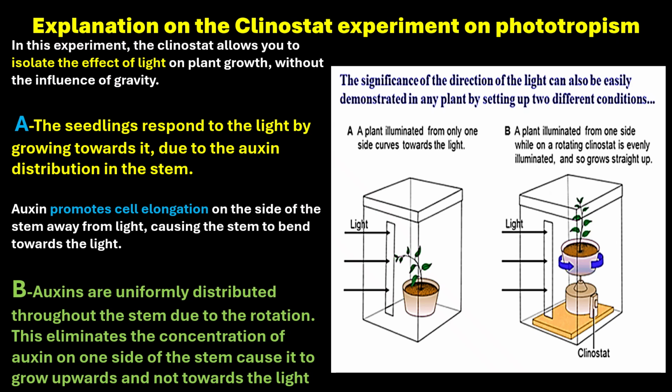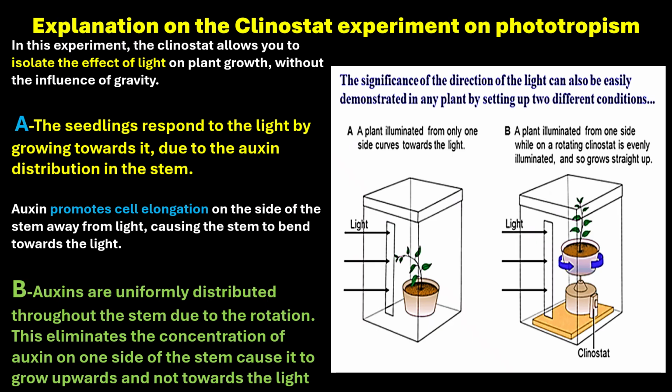Then what about B? In B, because the plant was rotating, auxins were uniformly distributed throughout the stem due to its rotation on the clinostat. This eliminates the concentration of auxin on one side of the stem, causing it to grow upwards and not towards the light.